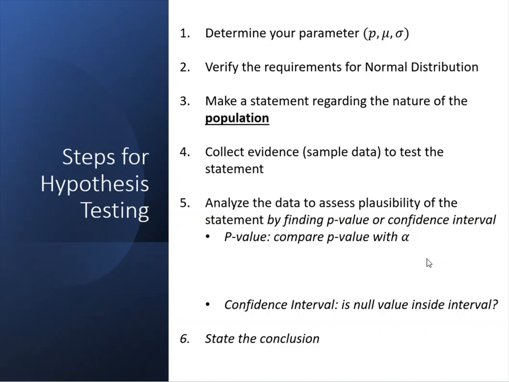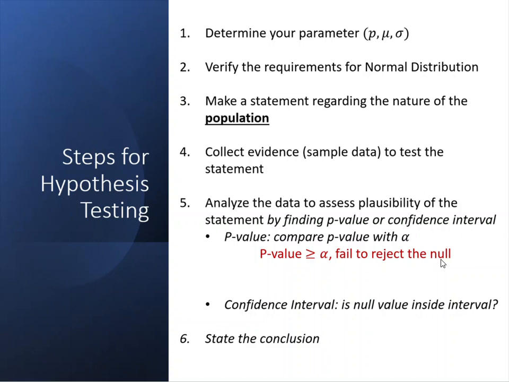The p-value method that we are going to use asks us to compare the p-value, that probability of getting our sample, with what's been defined as alpha. And when I do that, when the p-value is greater than alpha, we're going to do what's called fail to reject the null. This will become a little bit clearer when we actually perform this process, but that's what we will be concluding.